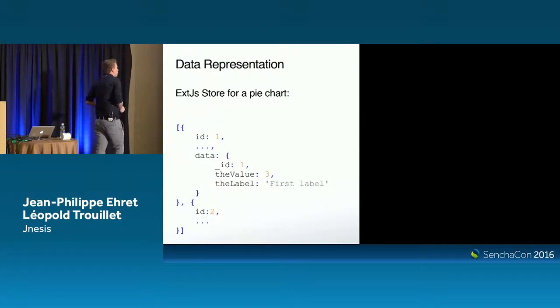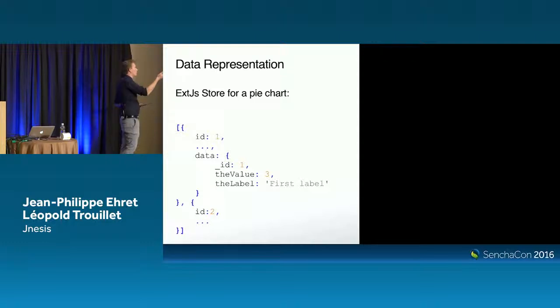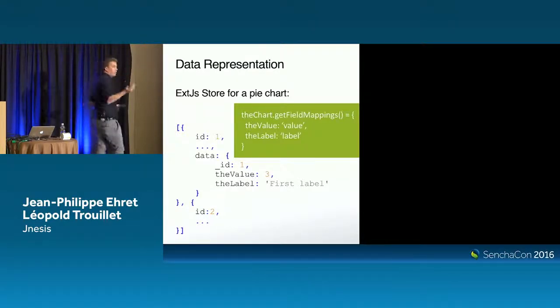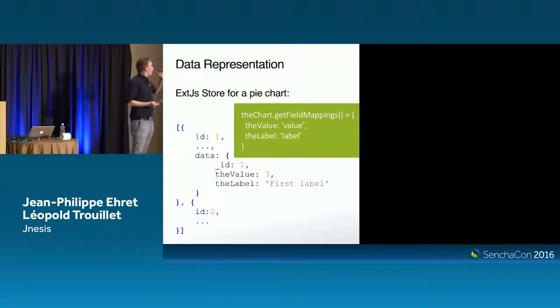For instance, let's say you have an Ext JS store with data that looks like this. So these are some records inside the store. You see in the structure of a record, you've got the value, the label, sorry. And you know that your D3 chart will want something more like value and label, not the value, not the label.